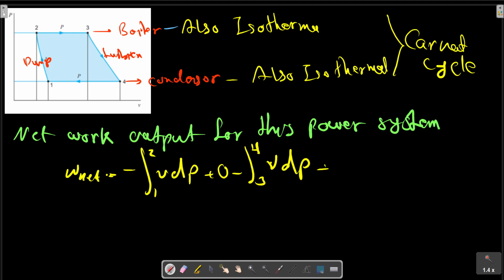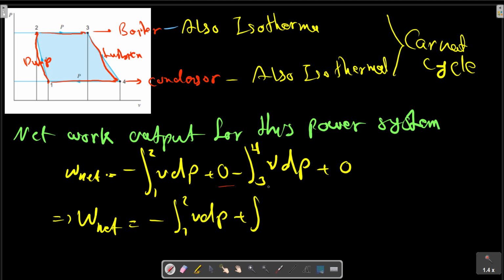We start with this point. The first is the pump work, zero work for the boiler, turbine work, and again zero work for the condenser. These quantities can change.